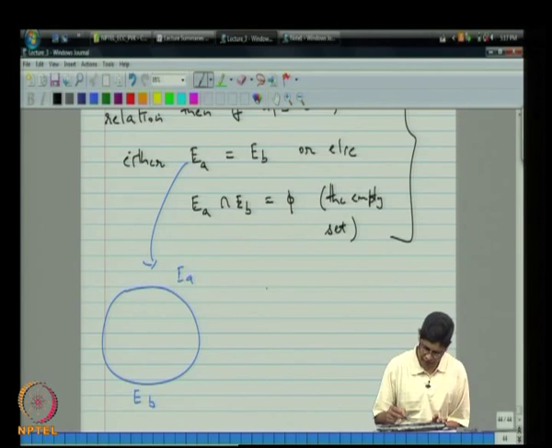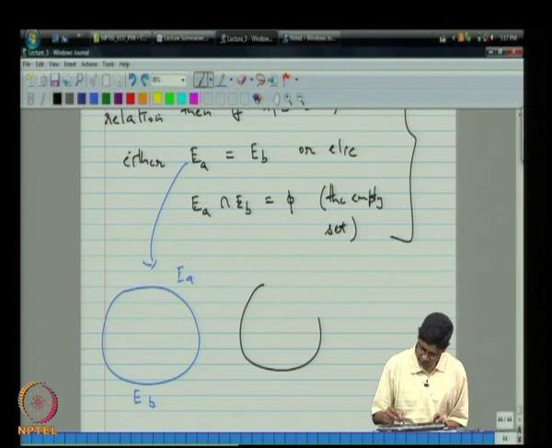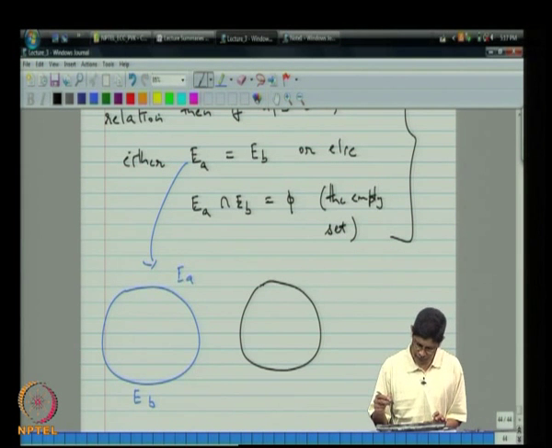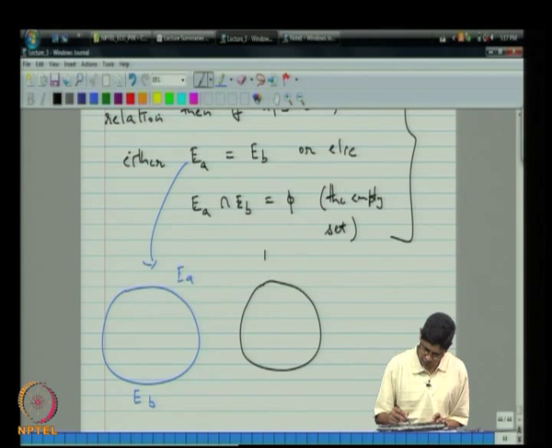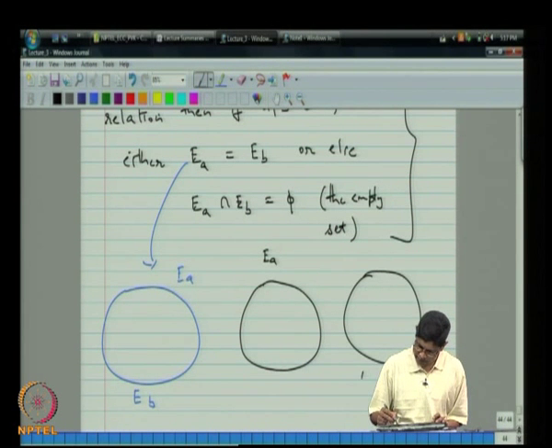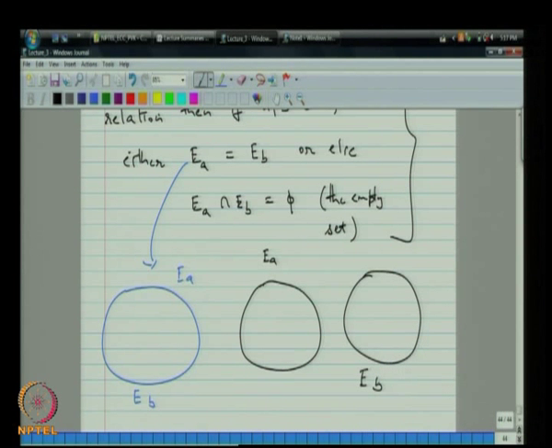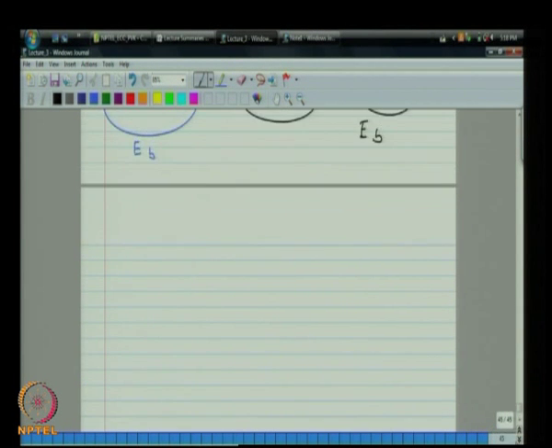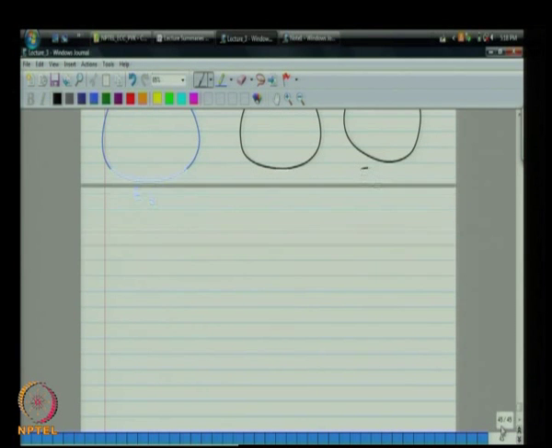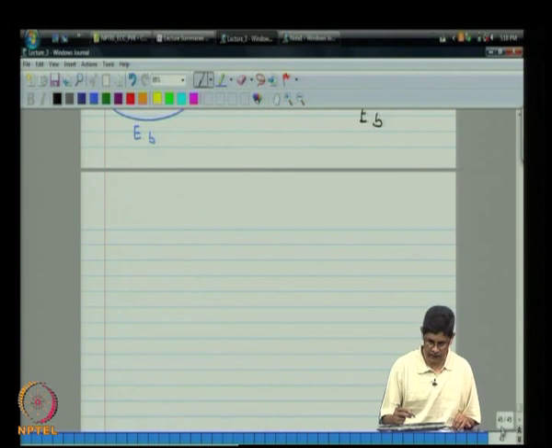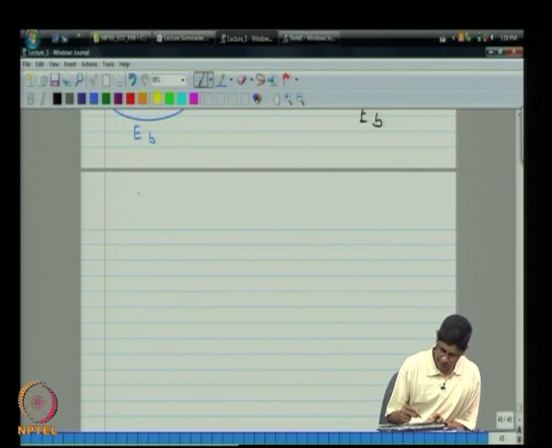Or the other property is that you have E_A like this and E_B like this. So, either they share all elements in common or nothing, and it is really quite easy to see why this must be the case. So, we will just sketch the proof using the figure.